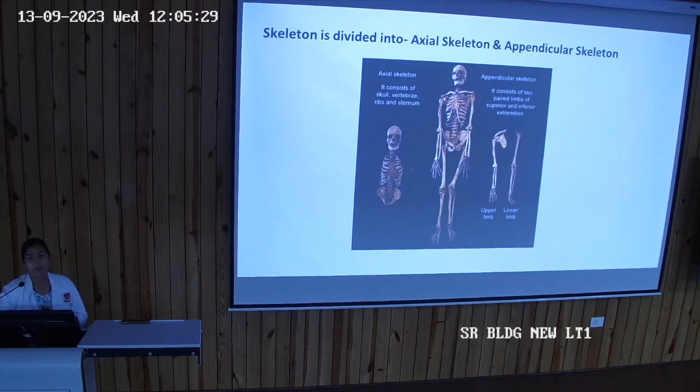So this is forming the center axis: skull, vertebra, sternum, and by the side of the sternum, the ribs. So this is the composition of the axial skeleton. What is the appendicular skeleton? The pectoral girdle and the pelvic girdle form the appendicular skeleton, which hangs by the side of the body and supports the lower limb and the rest of the body.